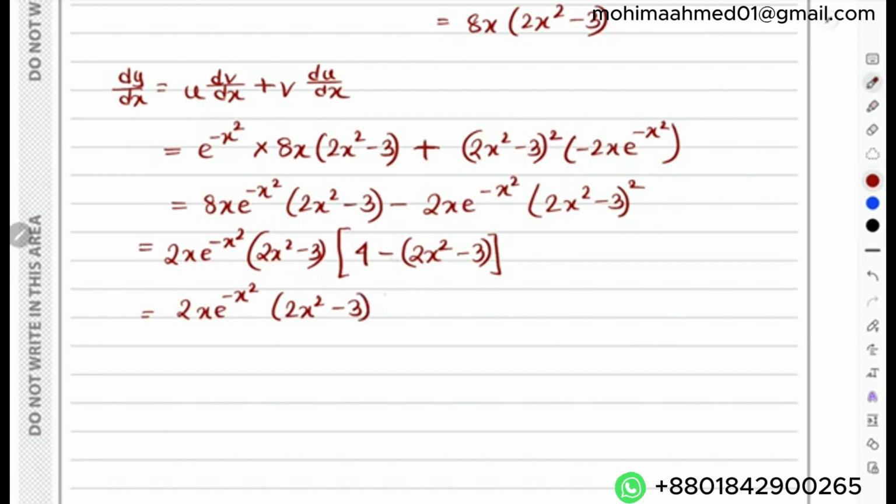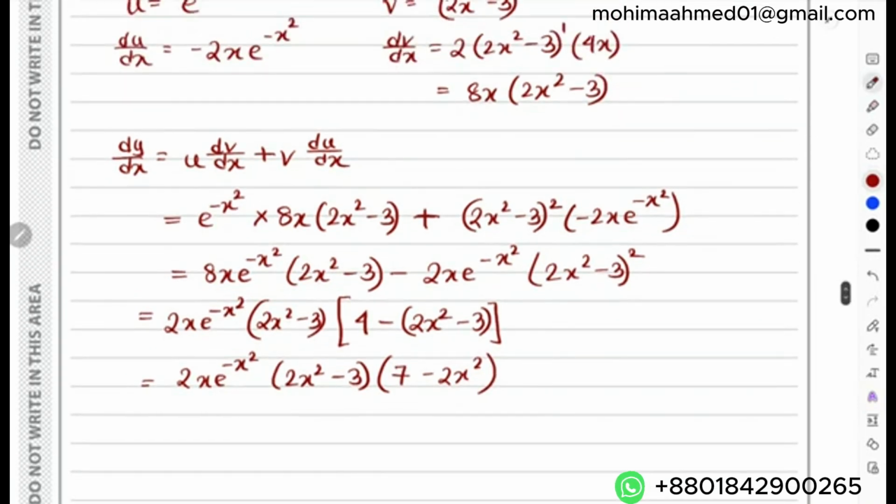And then if you just remove the brackets, you have 4 minus 2x square plus 3, which is basically 7 minus 2x square. So it's 7 minus 2x squared in this part.